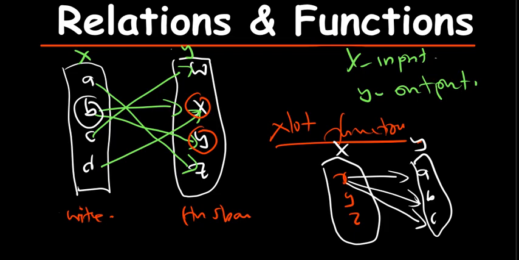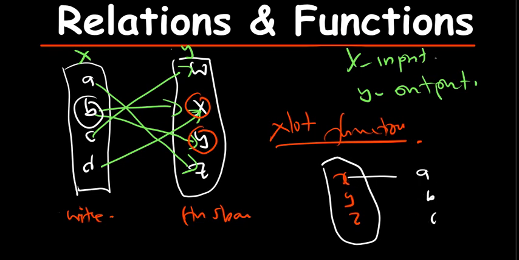Actually, that is not possible because one x is giving me three values of y, which is not possible. So this is not a function. The opposite should be true. If I put it like this, two x variables go to just one, or three x variables go to one. Okay, that is okay.